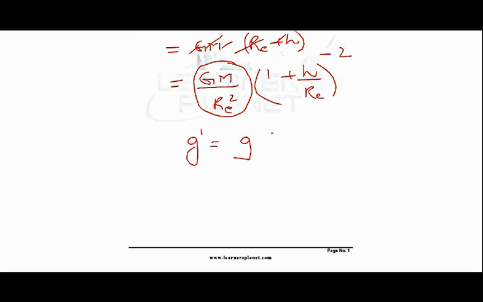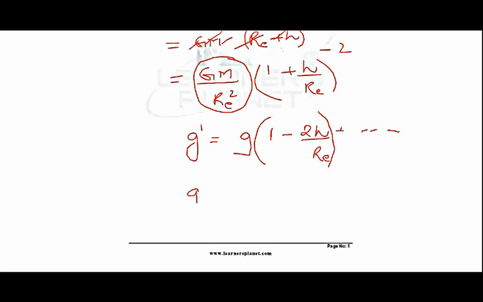And from binomial expansion, I can write this as 1 minus twice of h upon Re plus the squared and cube terms, the higher powers of h by Re. As h is very small, the square will be even smaller, so I can neglect the rest of the terms, so I can write this whole equation in this way. Is this fine? And from this you can now better understand that g dash will be equal to g into (1 minus twice of h upon Re).